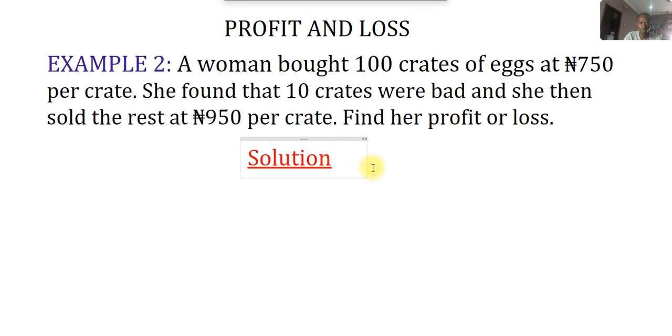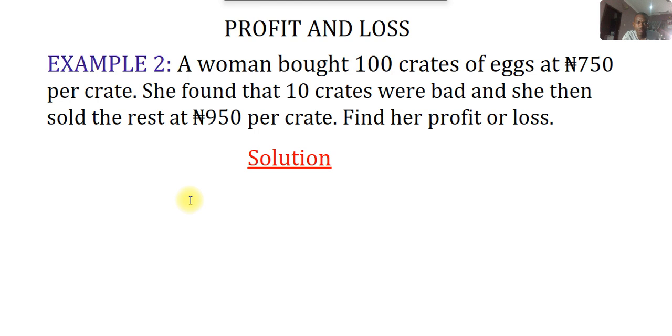which is example 2. Here we have a woman who bought 100 crates of eggs at 750 naira per crate. That is, one crate costs 750 naira.